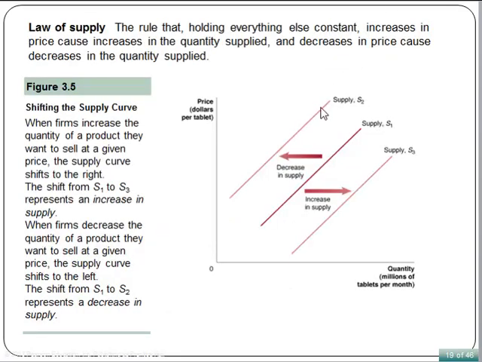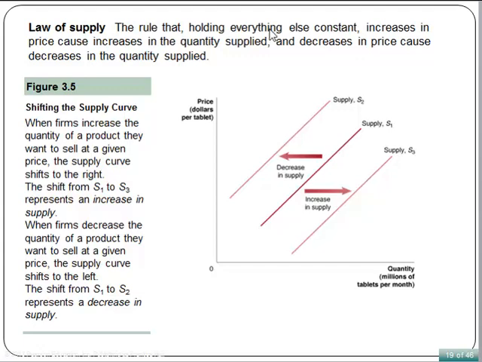So the positive relationship between the price and the quantity supplied reveals the law of supply, holding everything else constant. An increase in price causes an increase in the quantity supplied, and a decrease in price causes a decrease in the quantity supplied.